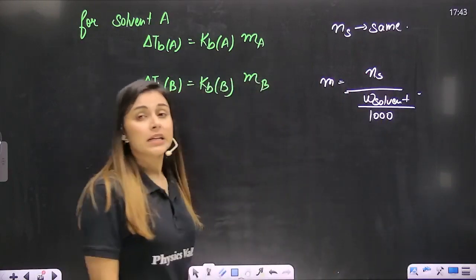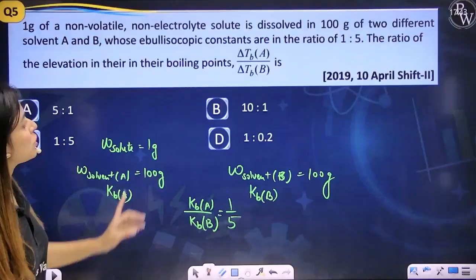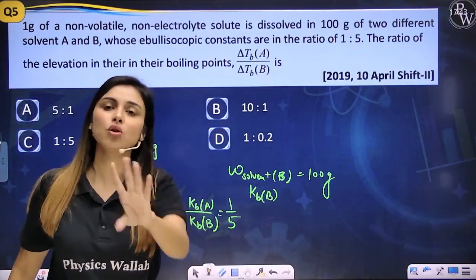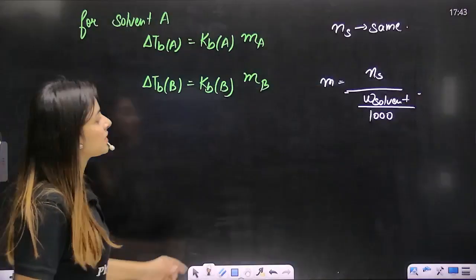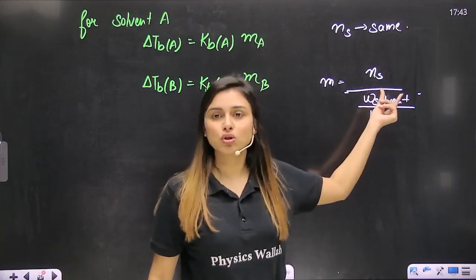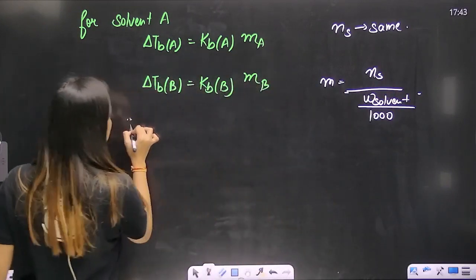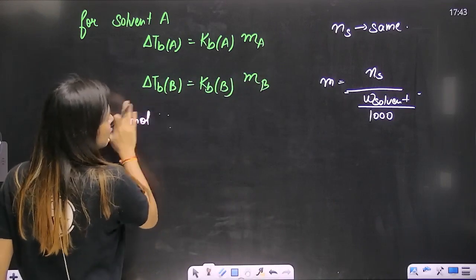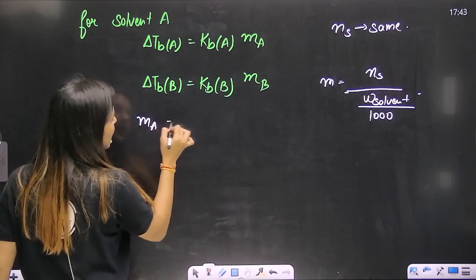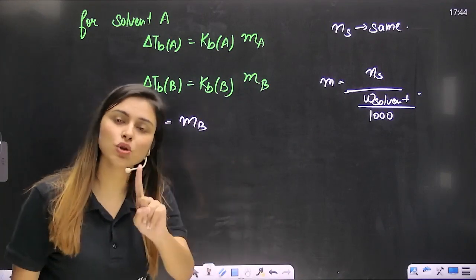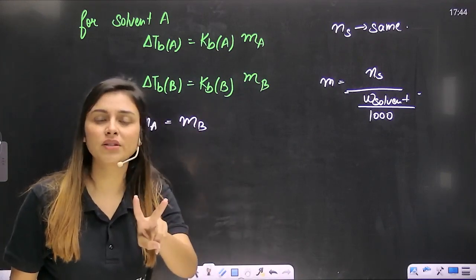Now, you are also given that 100 grams of 2 different solvents, so the mass of solvent is also 100 grams. So can I say that molality of A is equal to molality of B? Yes, because the moles of solute are the same and the mass of solvent is also the same.